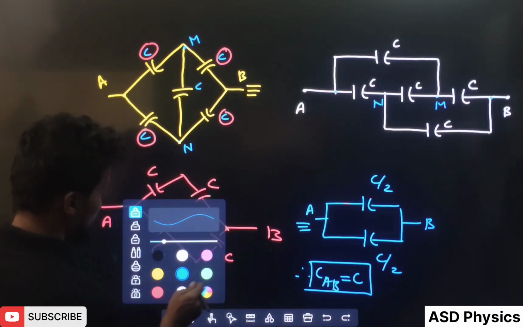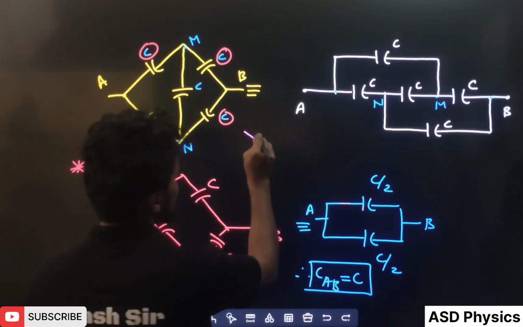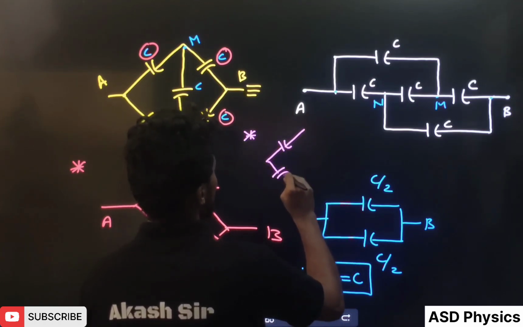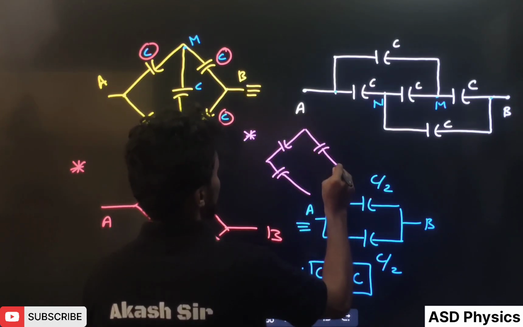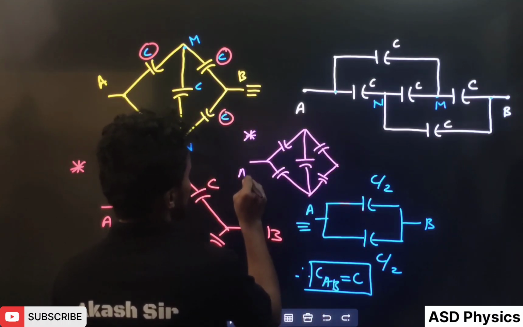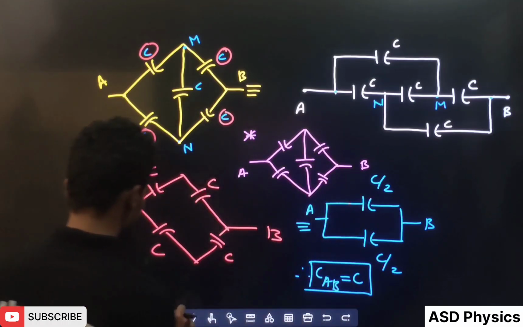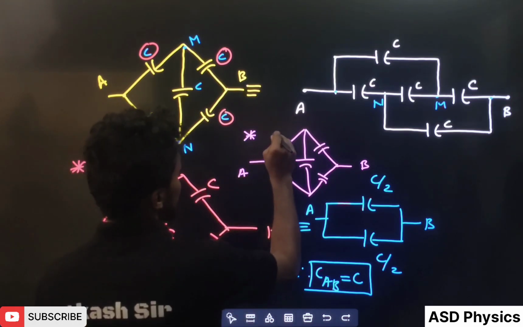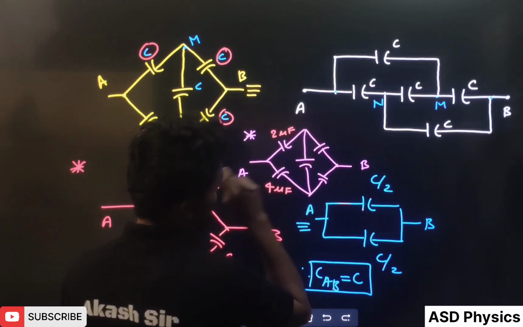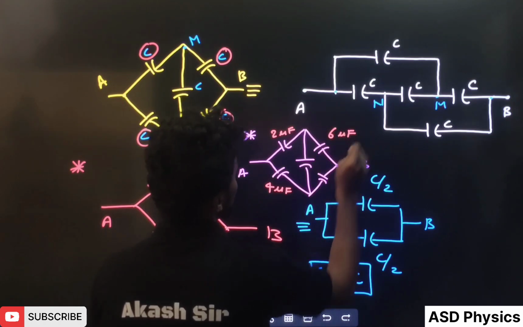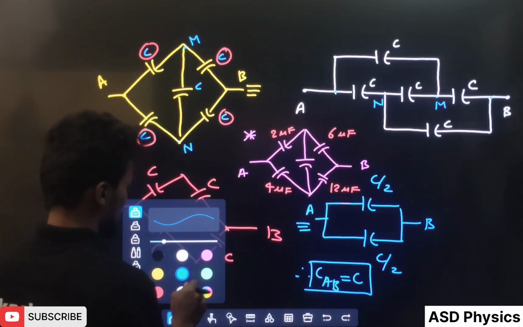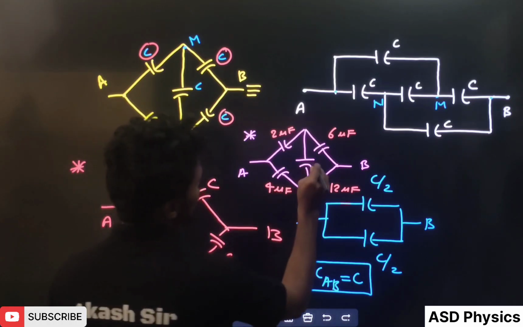And I will tell you one question for homework. This question you can try also, and you can comment the answers. Let's take it like this: this is A, this is B, and the values given here are 2 microfarad, 4 microfarad, 6 microfarad, 12 microfarad, and in the middle, let's take 2 microfarad.